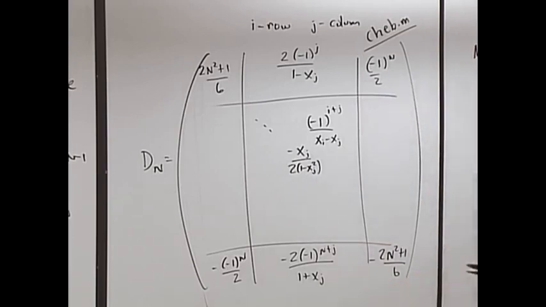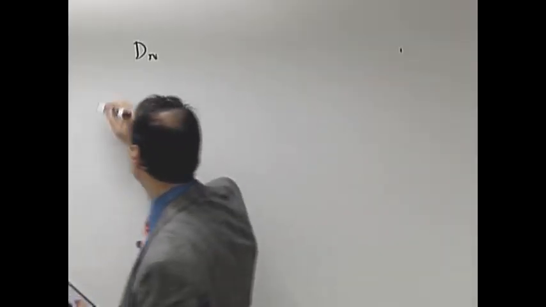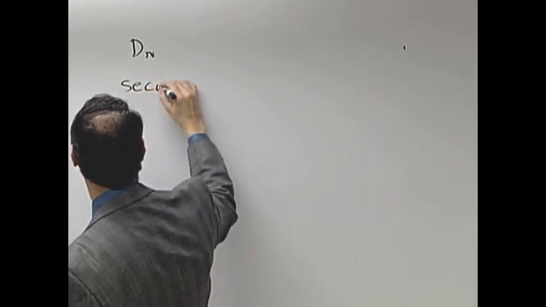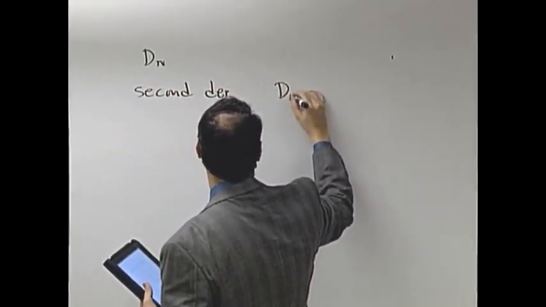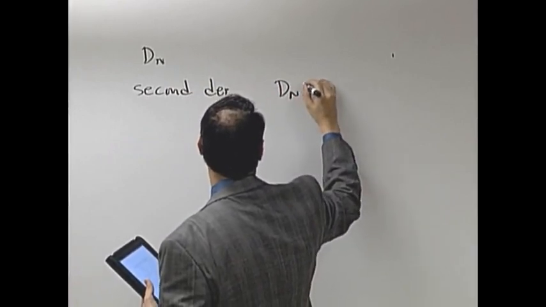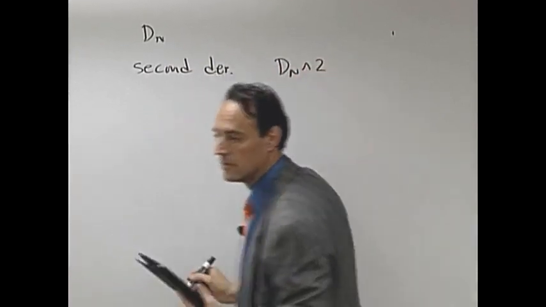Okay? Now, once you have that first derivative matrix called D of n, then other things are pretty easy to calculate. You want a second derivative? What do you just do? D of n squared, right?